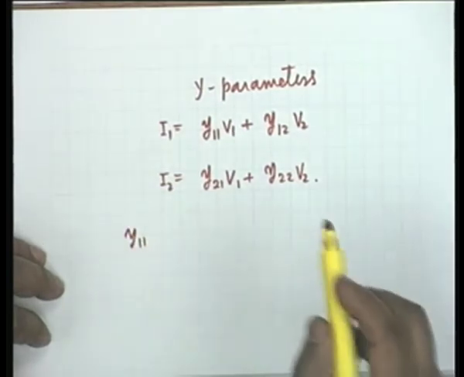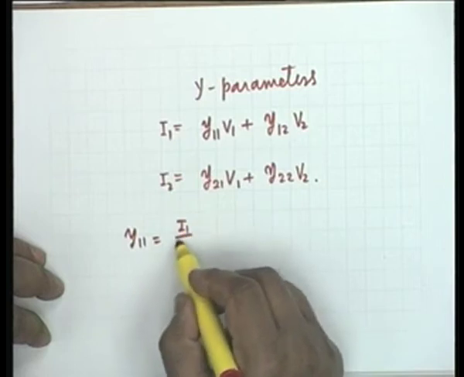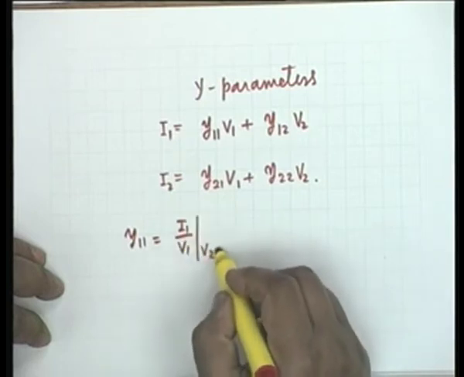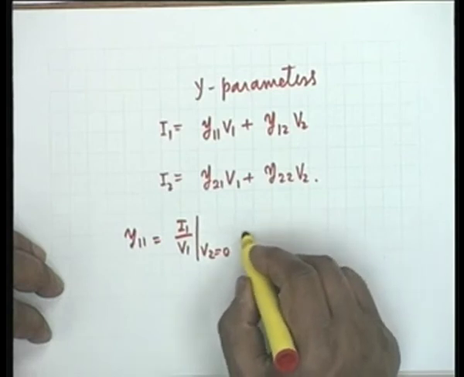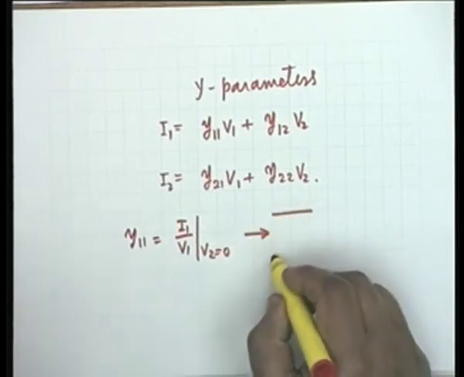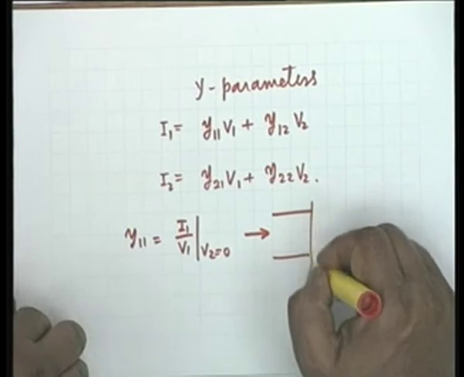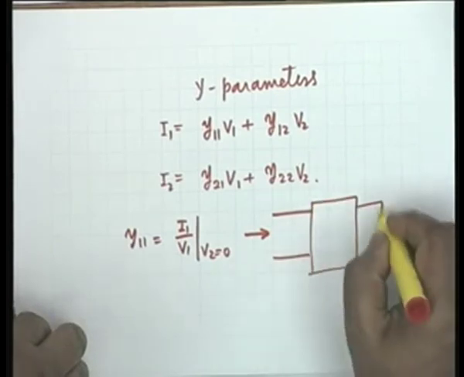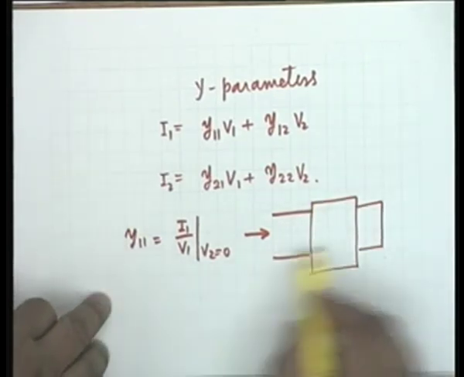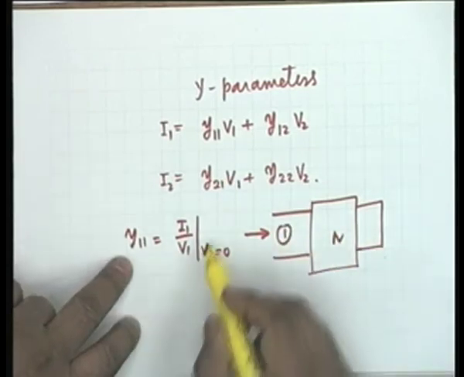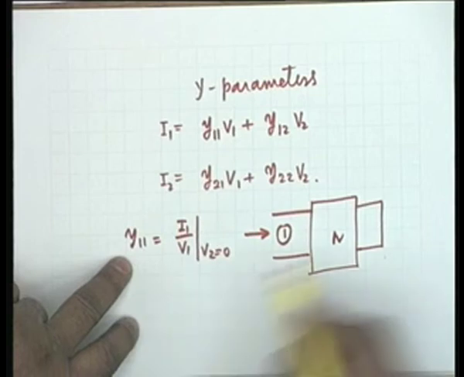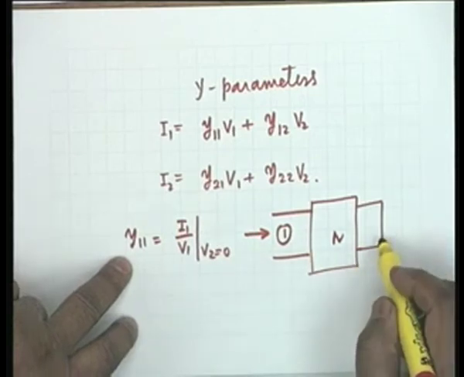And if you look at the definition, y11 is equal to I1 by V1 with V2 equal to 0. V2 equal to 0 means short circuiting port 2, that is, you have the network. This is the driving point admittance at port 1, I1 by V1 with port 2 short circuited.